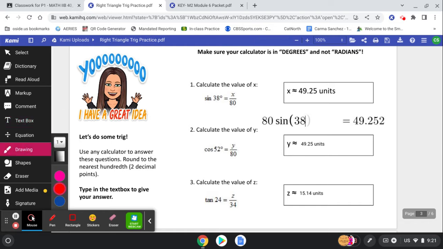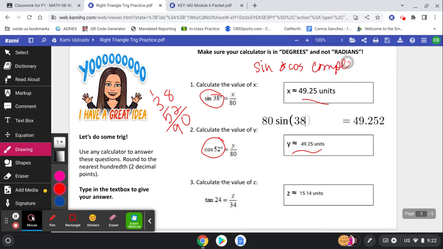Okay, so do you see how the sine of 38 came out to 49.25 and the cosine of 52? What's the relationship between 38 and 52? Oh, those numbers add up to 90. So anytime you do a sine and a cosine of a complement, you're going to get the same answer.